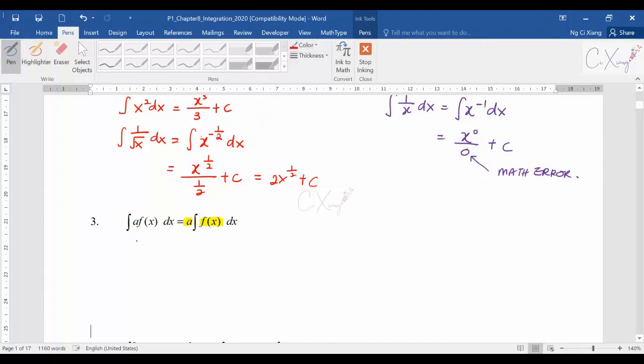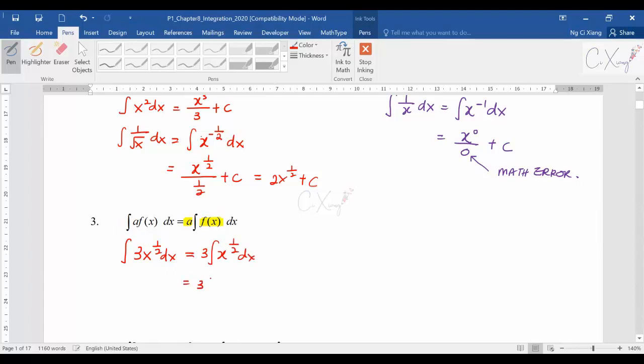Okay, so let's say I want you to integrate 3x power half. To integrate this, I'm having a constant multiplied with a function. So for the integration, I prefer to take out the 3 first, and then I only focus on x power half.